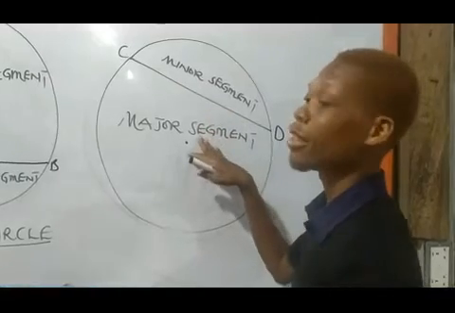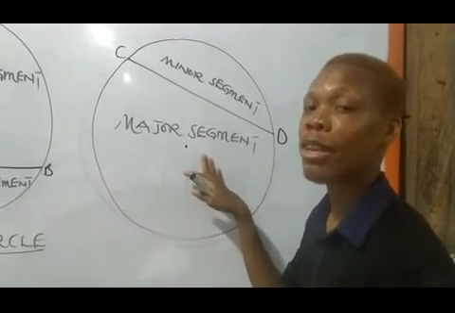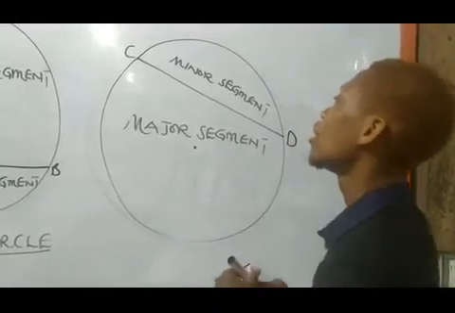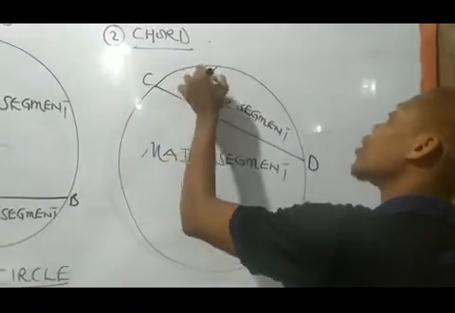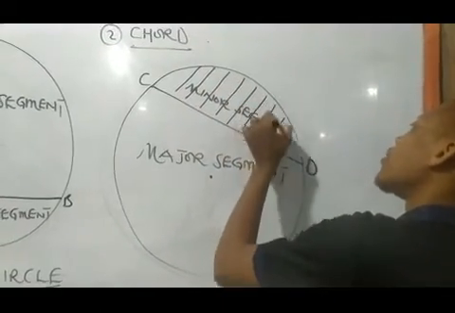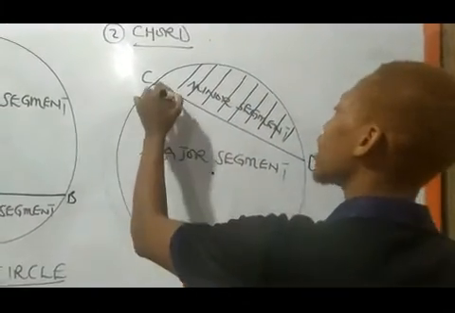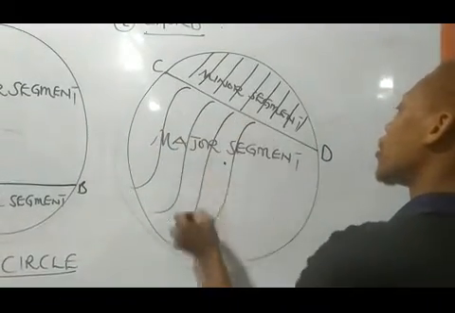And this side is called the major segment. So let me shade this side for you to see. So this is what we term as the minor segment, and this side is the major segment.